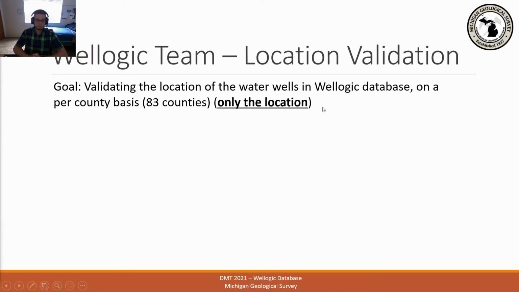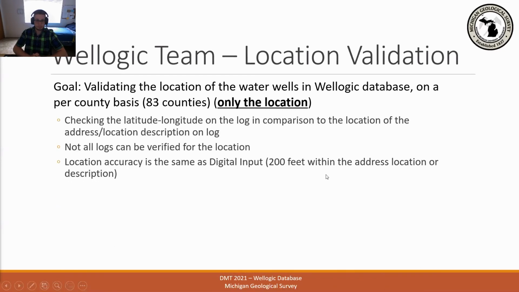So our next team is the location validation team. The location validation team's goal is to validate the location of the water wells that already exist in the Wellogic database, which is 700,000 of them. And we do this on a per county basis as well. The location validation team is only looking at the location, and they use the same 200 foot accuracy radius as the digital input team.